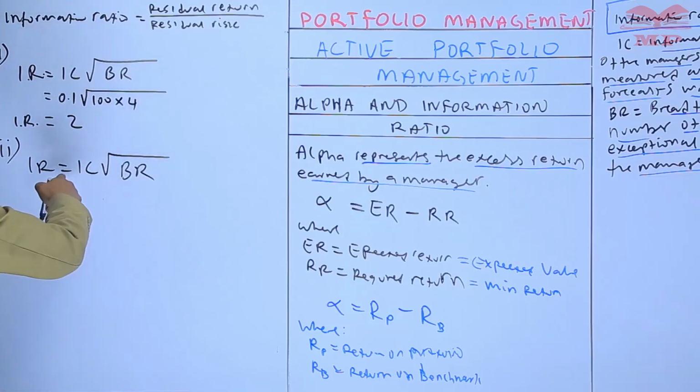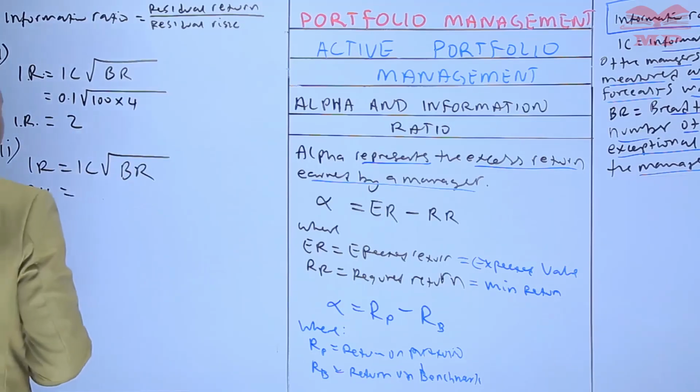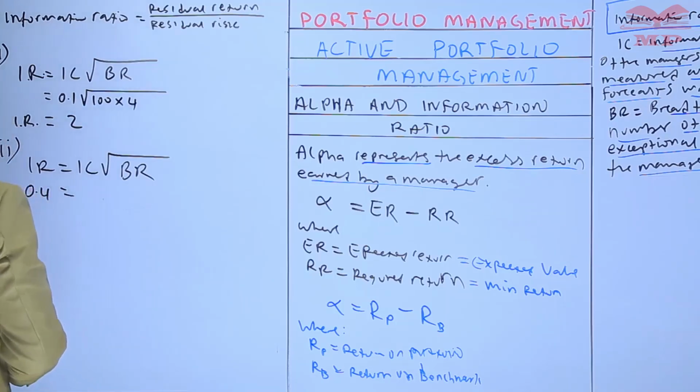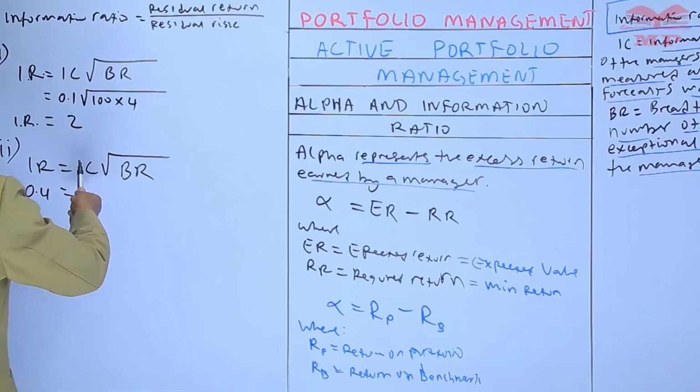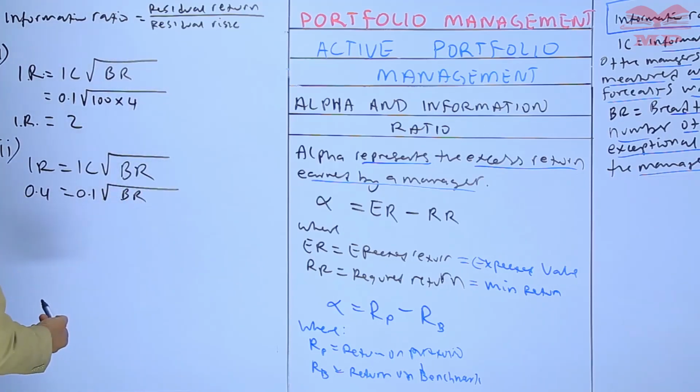Here the information ratio is 0.4, which equals the information coefficient, which remains the same at 0.1, times the square root of BR. So how much do we actually need?